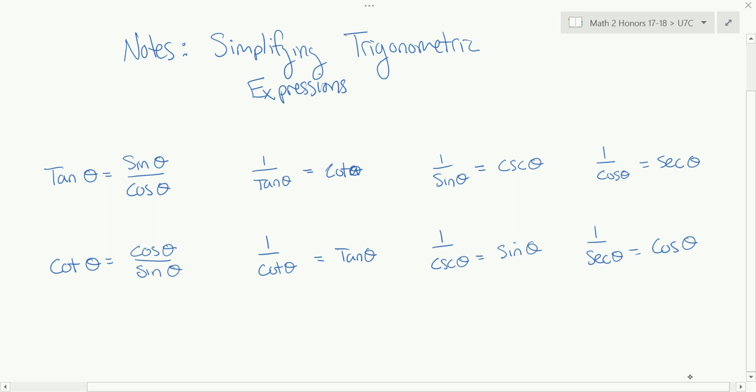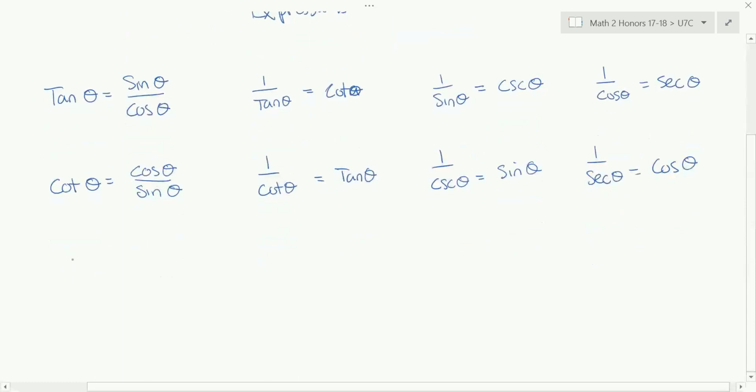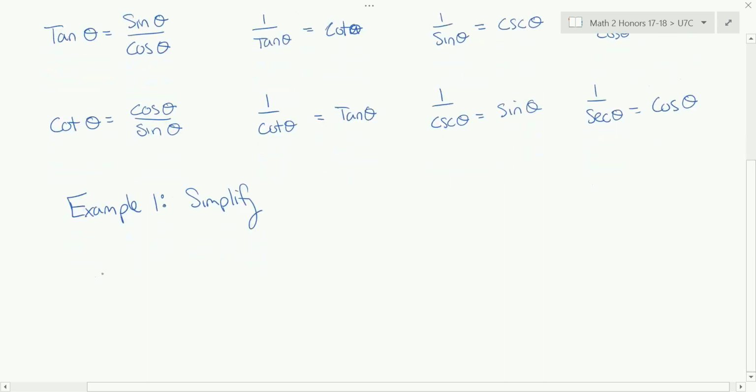Okay, so I'm going to give you some simplifying examples that would use these trig identities. So example 1. I want you to simplify. For part A, very simple: the cotangent of theta times the sine of theta.